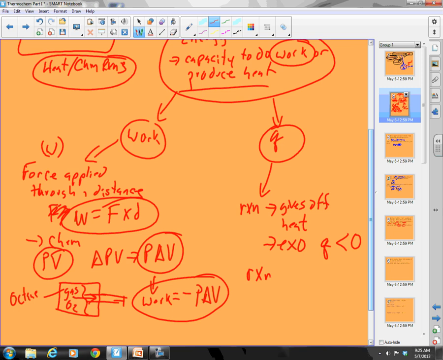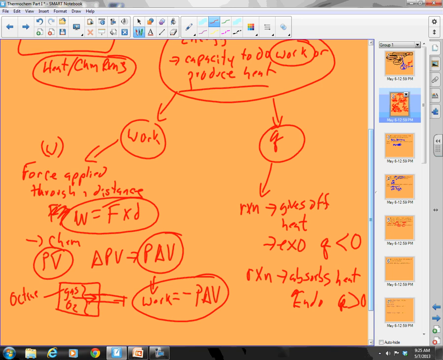When my reaction absorbs heat, we say that that is endothermic, and my Q is positive, right?